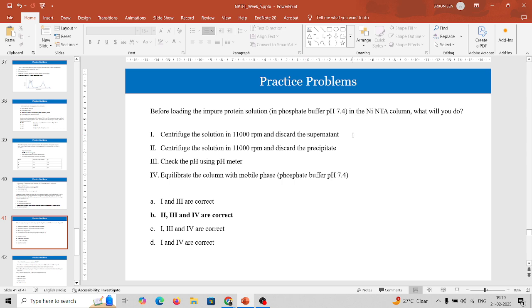So basically, what I can understand from here, though it does not clearly tell whether the protein can be in the precipitate, maybe in the supernatant, is that the protein solution is impure. So therefore I can tell that yes, 2, 3 and 4 are correct. One is not correct because the protein, I hope, is soluble.